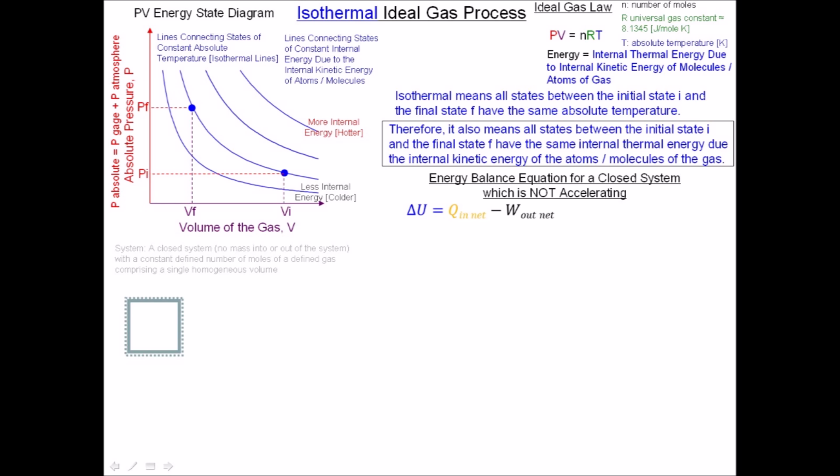And that equals Q in, which would be similar to how much money you deposit into your checking account, and work out would be equivalent to minus how much you withdraw out of your checking account. So the change in the dollar balance equals the sum of all you put in minus the sum of all you withdraw.